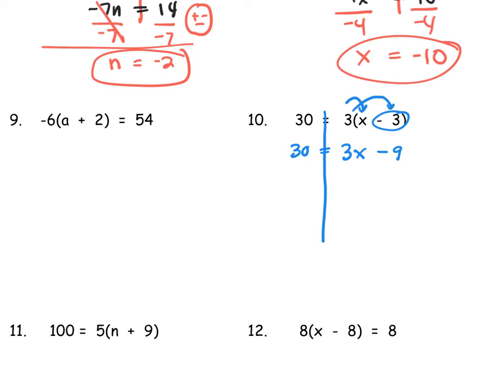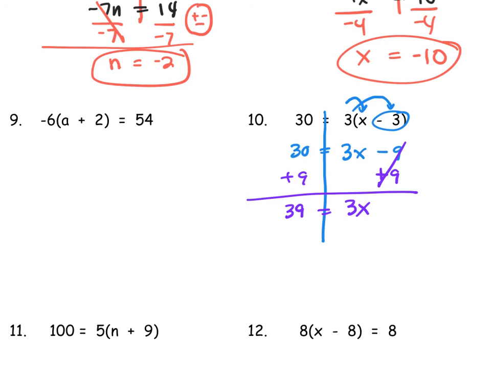So now I'm going to continue, but I must start on the side that has the variable. So my solving step would be to add 9, because I always want to get rid of the constant, the number that's being added. So on my left side, I now have 39, and on my right side, these eliminate, giving me 3x.